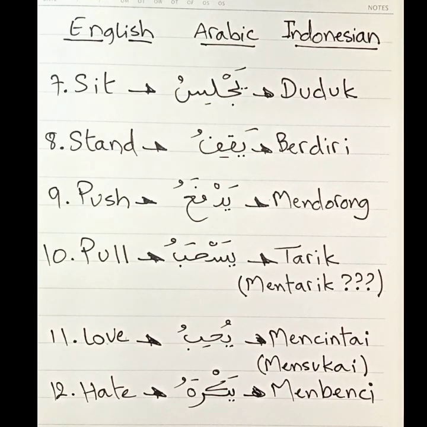Suka, I think, like, but they use it to tell about things they love. Food or drinks or whatever it is. So they can say saya suka, which is I love. All right.